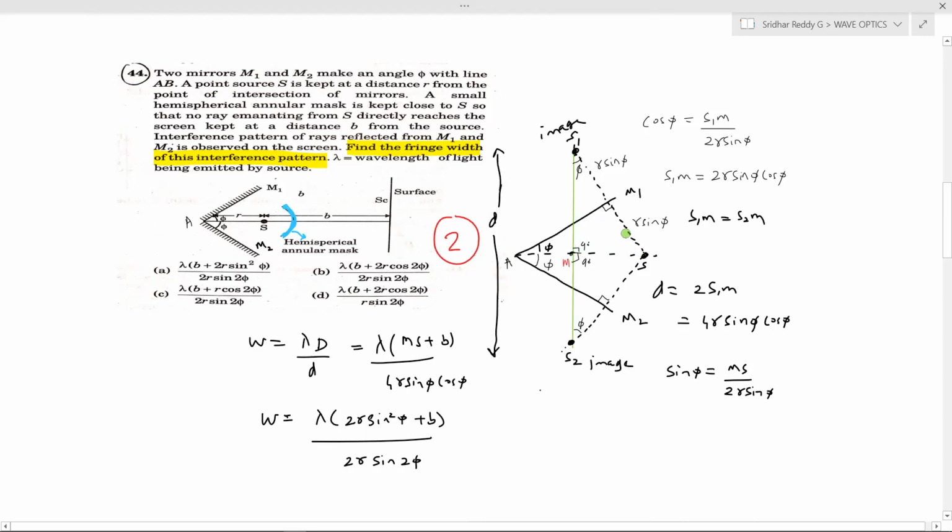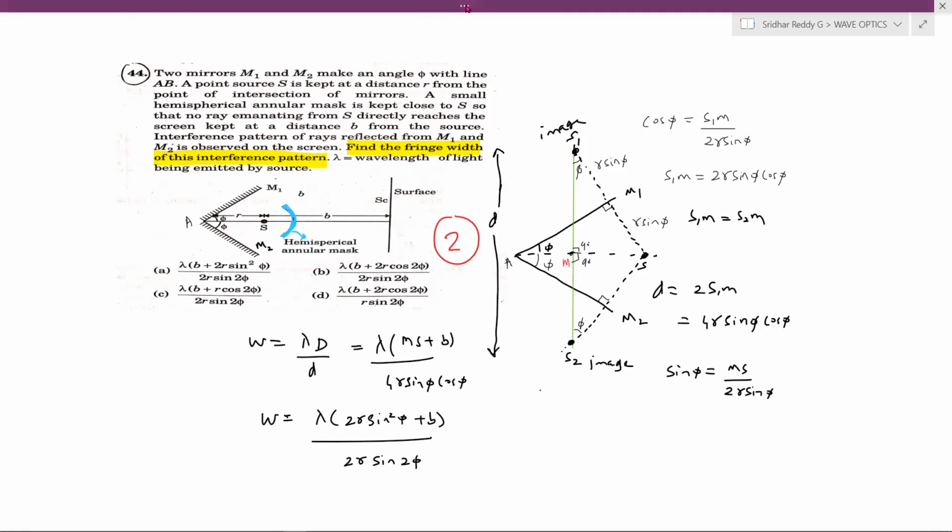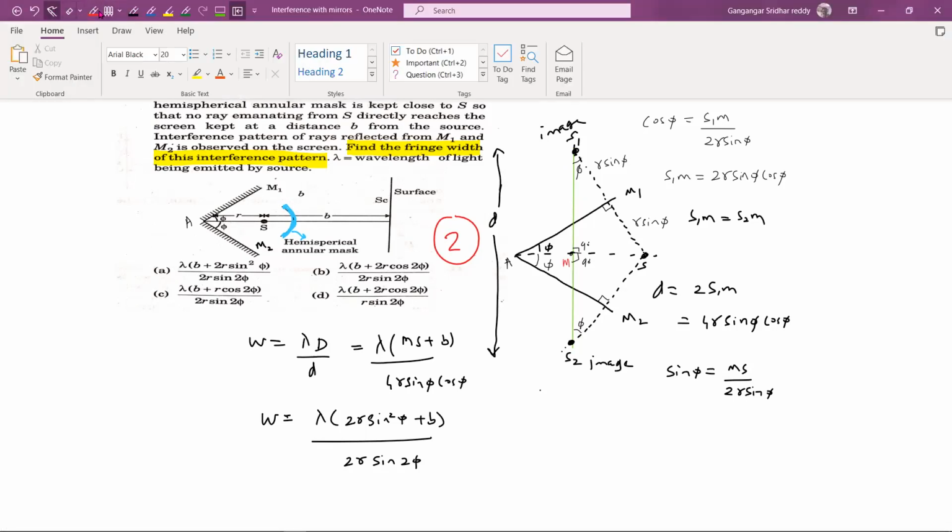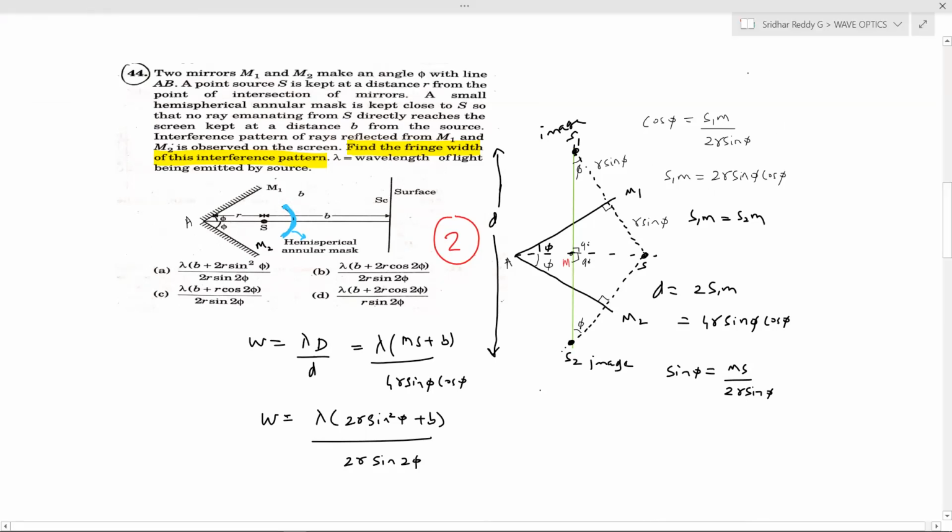Then from the triangle SM1A, sine phi is equal to SM dash by AS.